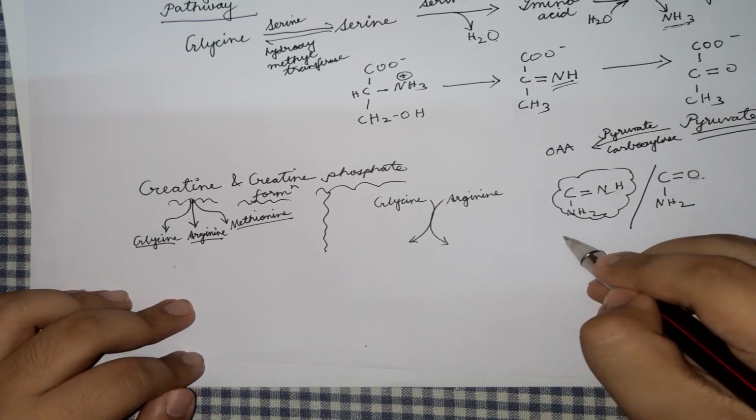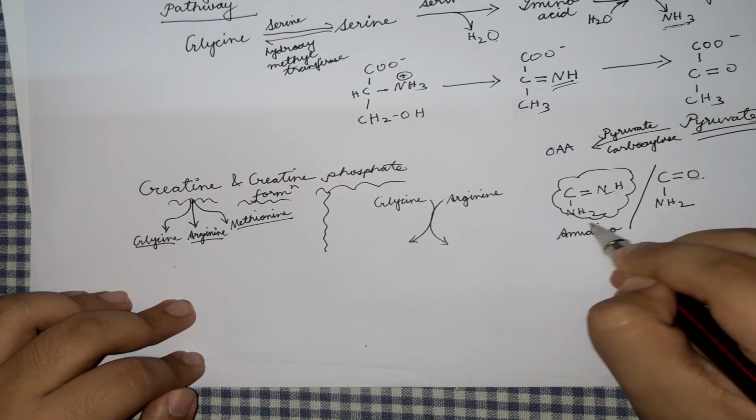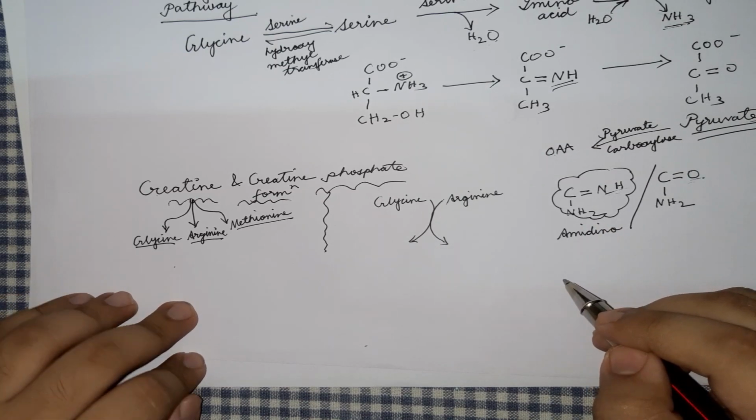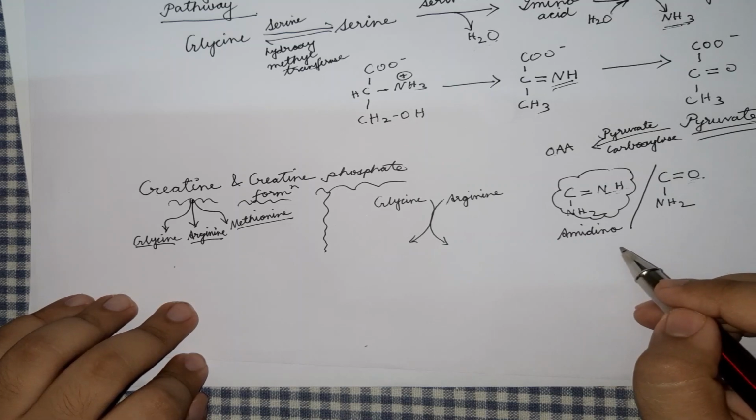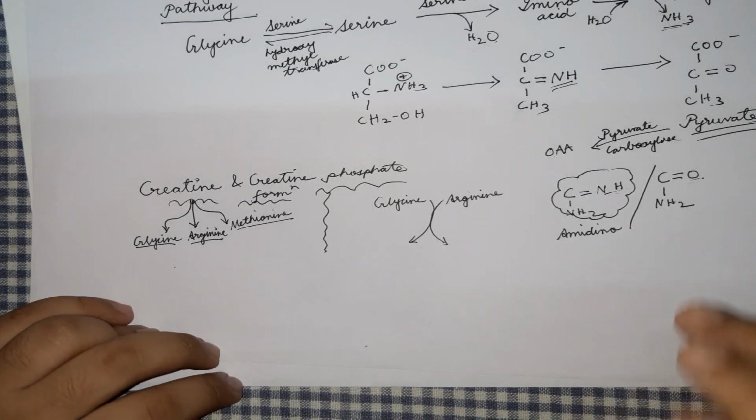What is that? Amidino group. The amidino group is what this is called, right? So since it's quite close to what we say to be amide, this is known as the amidino group, right? Now amidino group is present where?